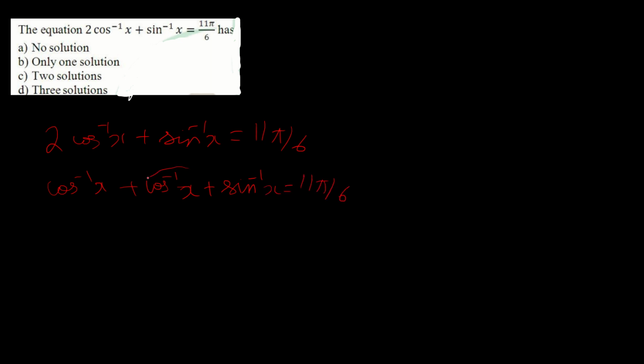Okay, what is cos inverse x plus sine inverse x? It is pi by 2, right? So cos inverse x plus pi by 2 equal to 11 pi by 6.